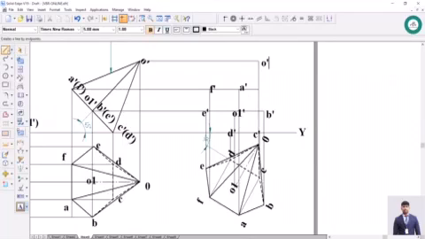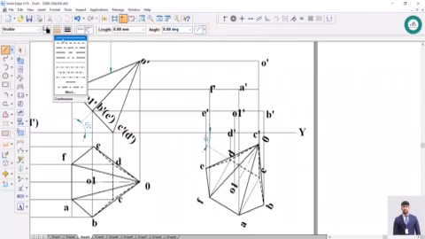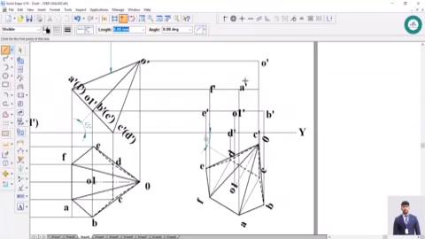So now go to line, take the suitable continuous line and 0.50.